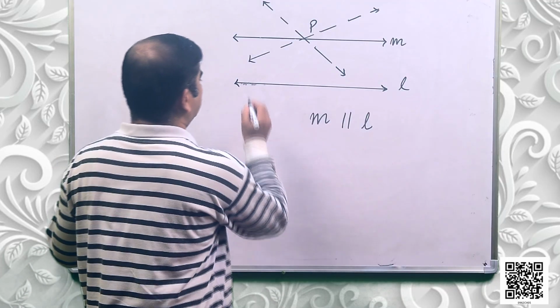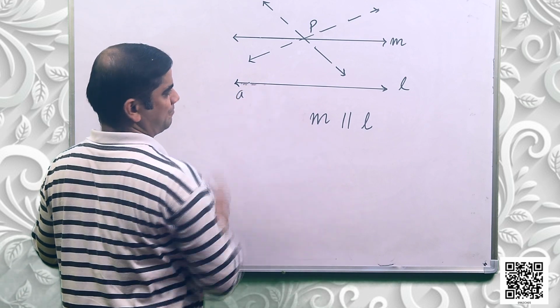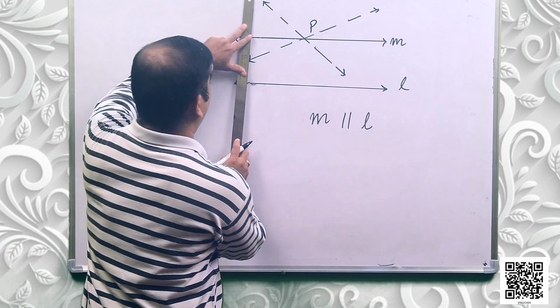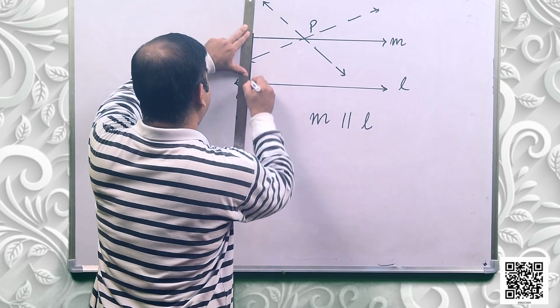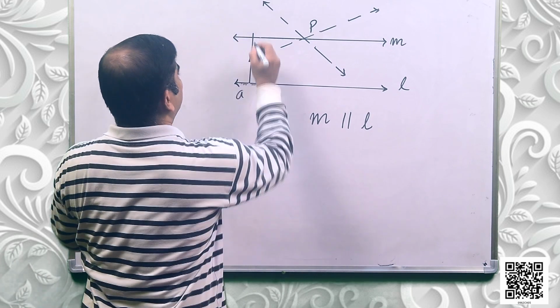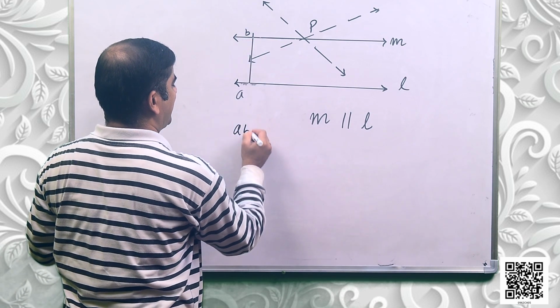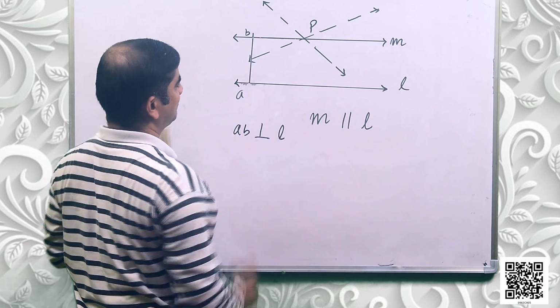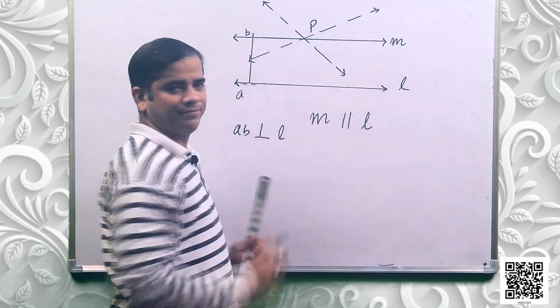That means if there is a point A on L, and if I draw a perpendicular line which intersects line M at point B, and AB is perpendicular to L, this distance is constant throughout.